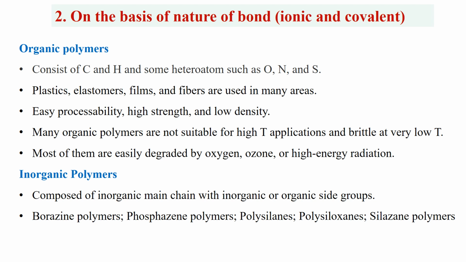So there are some inorganic polymers which consist of inorganic main chains with organic or inorganic side groups or moieties. Examples are borazine polymer, phosphazene, polysilane, etc.